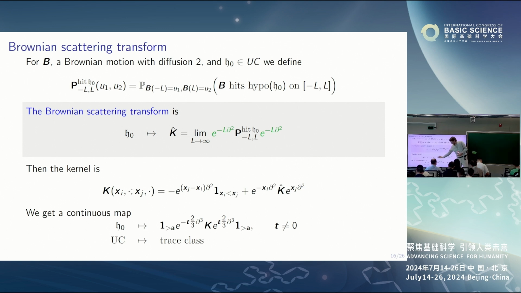The first part is a transition kernel of the Brownian motion, and the second part is the Brownian scattering transform conjugated by respective exponentials of the second derivative. One can show that, in fact, the kernel which we obtain inside the Fredholm determinant is a trace class operator. So in particular, the Fredholm determinant is well defined.